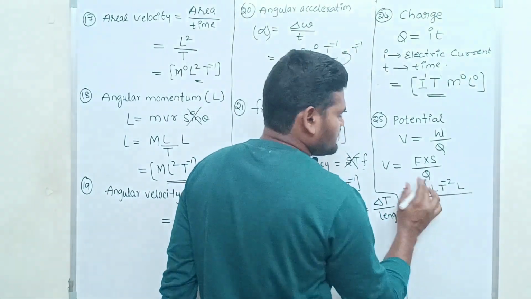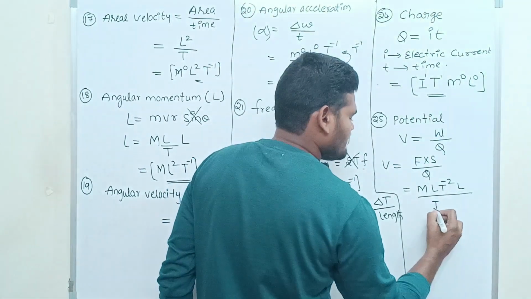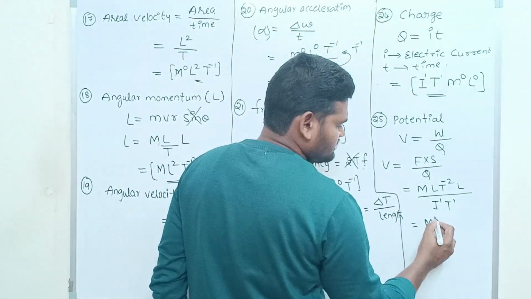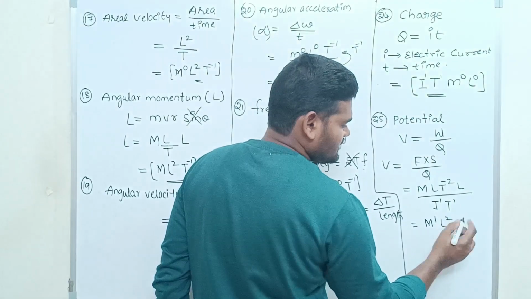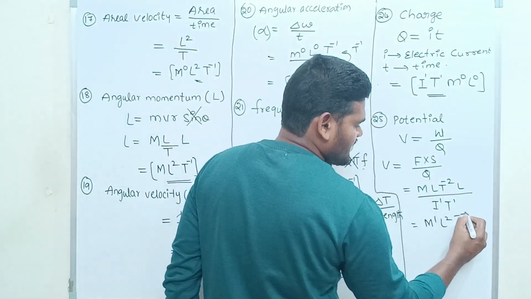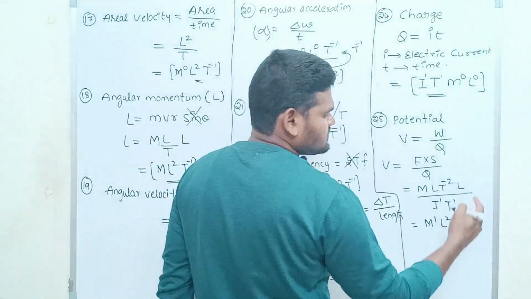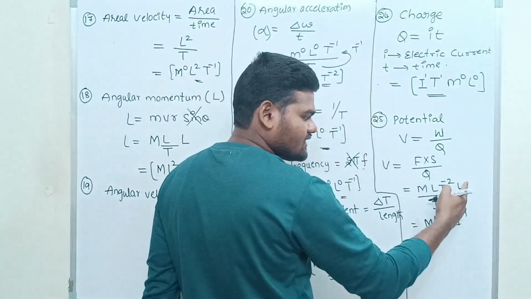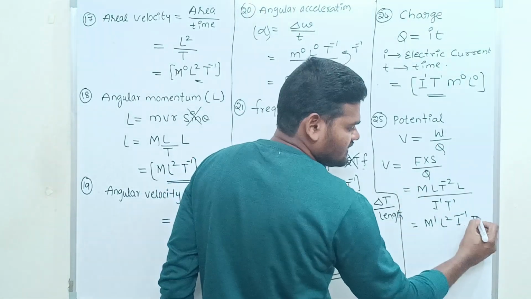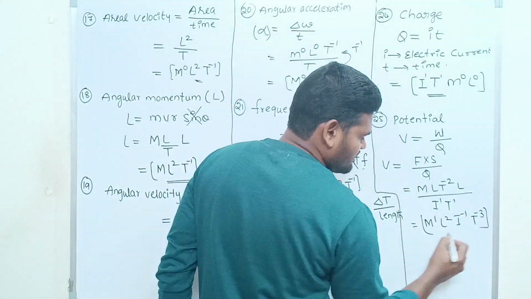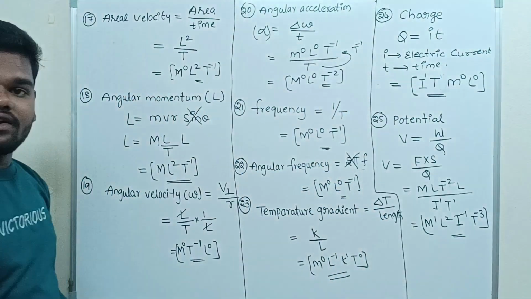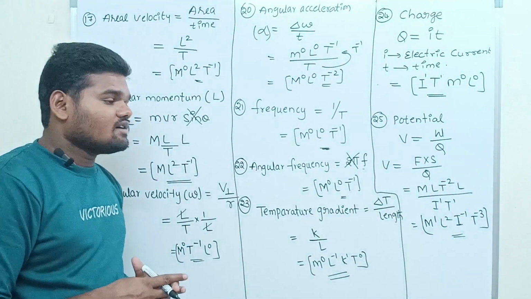Displacement L, Q charge, I power 1, T power 1. So which is equals to M power 1, L into L square. If I power 1 comes to numerator, it becomes I power minus 1. T power 1 comes to numerator, T power minus 1. T power minus 2, T power minus 1, T power minus 3. So this is the dimensional formula of potential. Okay, are you getting? Any doubts?